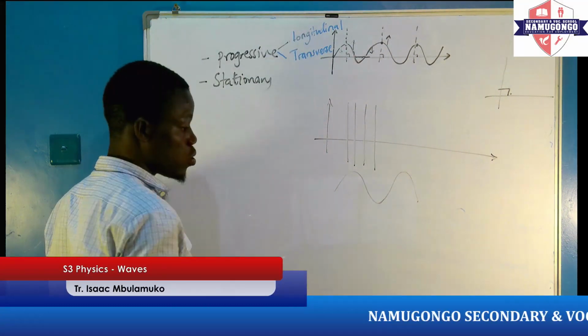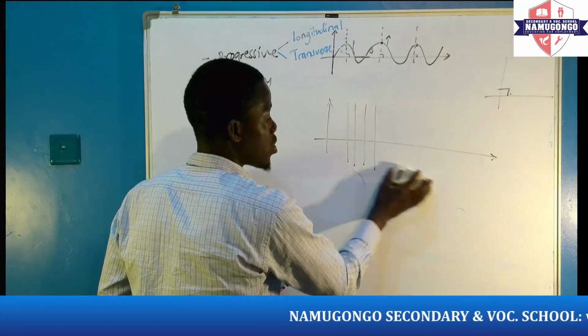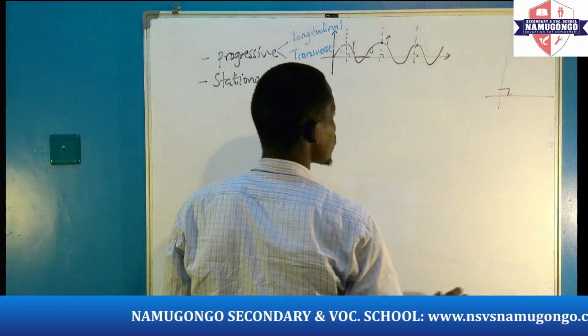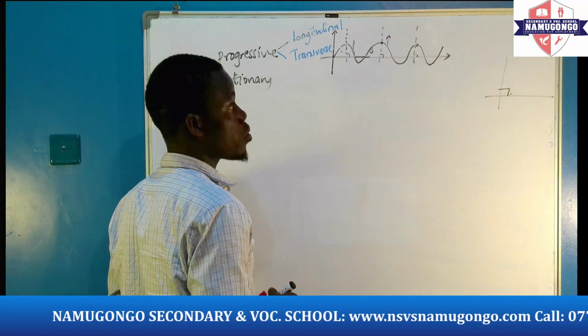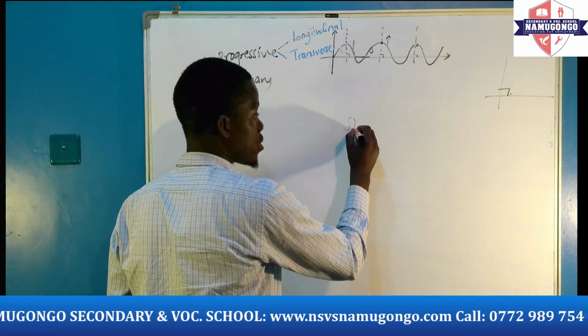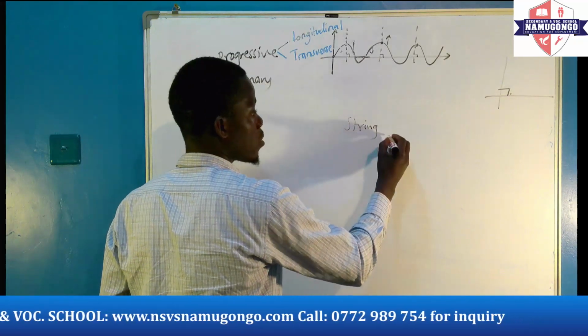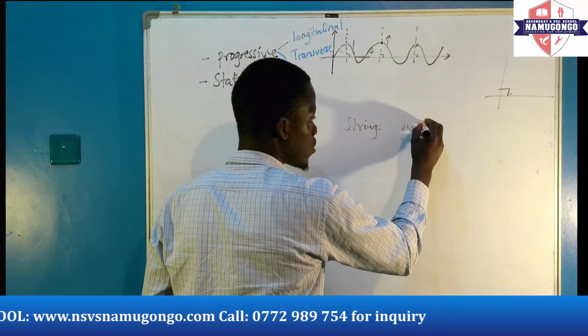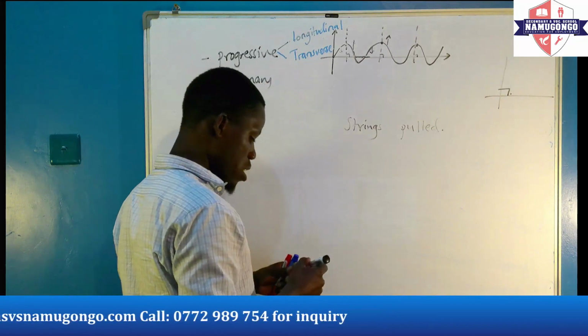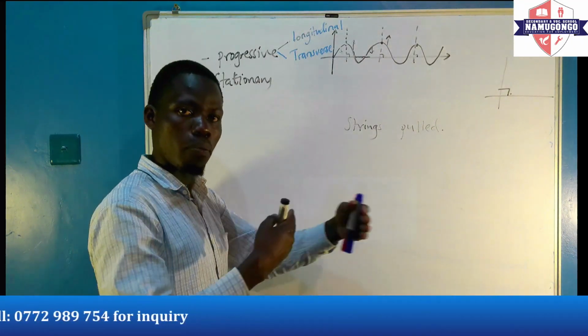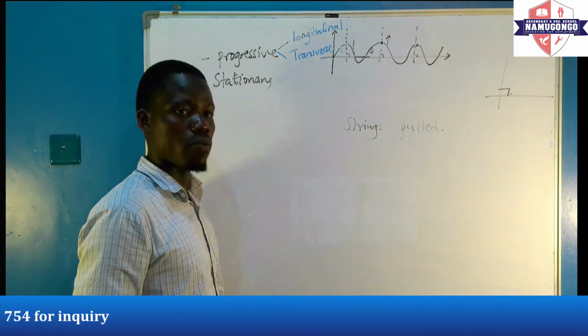Examples of longitudinal waves are sound waves in a closed pipe. We also have waves produced by strings when strings are pulled. You pull a string, and it will generate a parallel oscillation of this form, so we form a wave.